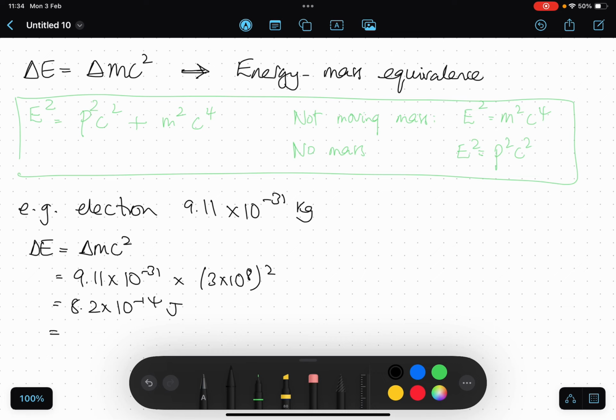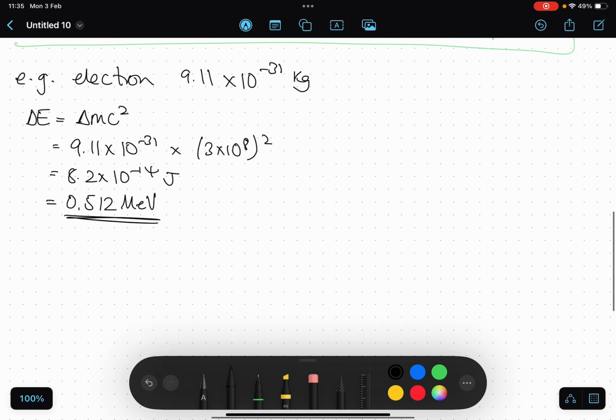We often express this in electron volts. And so if you divide by 1.6 times 10 to the minus 19, you get 0.512 mega electron volts. Try and remember that number. We're going to refer back to it in a minute. The mega and the giga electron volts are common prefixes to use when working with particles like electrons and neutrons.